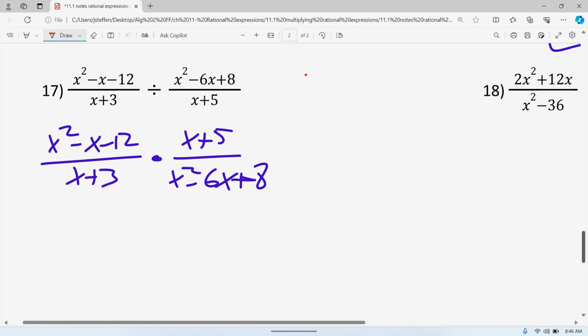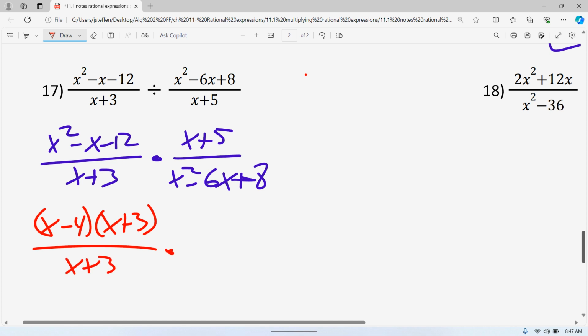Factor everything. The first one: factors of negative 12 that add to negative 1. So what's that? x minus 4, x plus 3. The denominator: factors of 8 that add up to negative 6. x minus 2 and x minus 4, I believe.